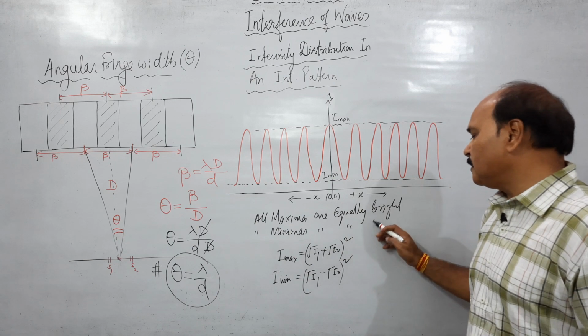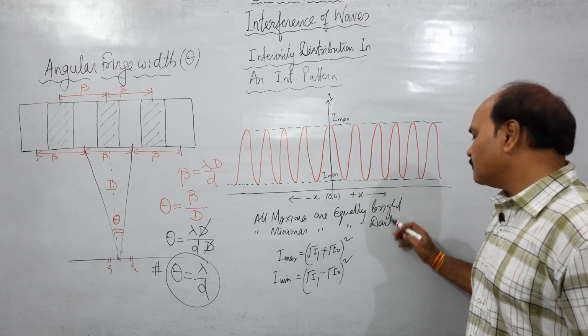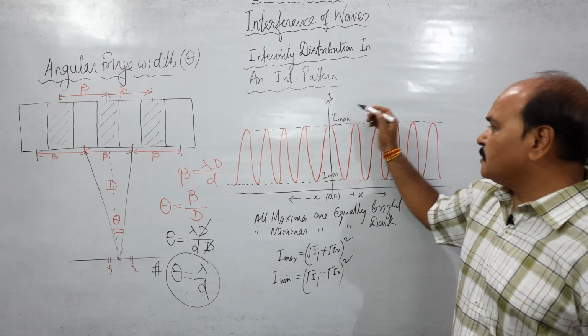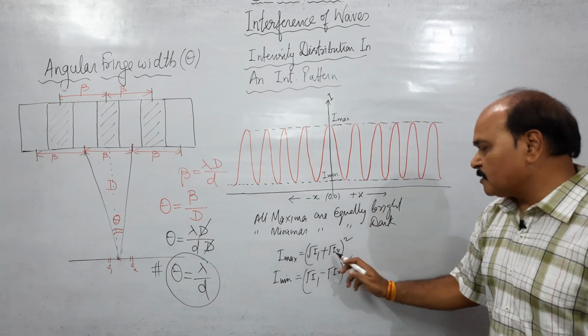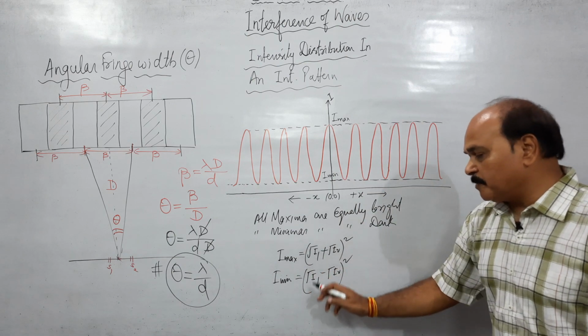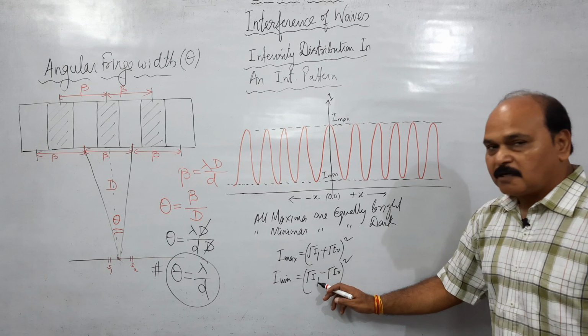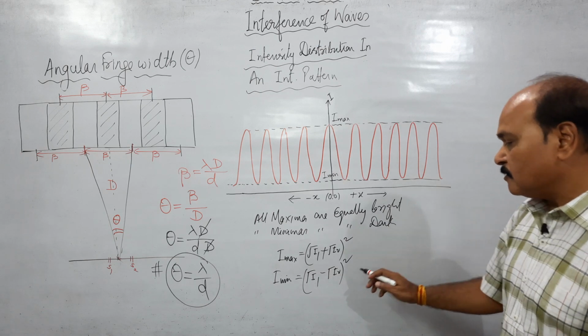All maximas have maximum intensity root I1 plus root I2 whole square, and all minimas have intensity root I1 minus root I2 whole square.